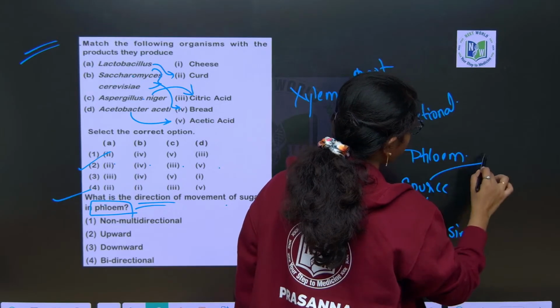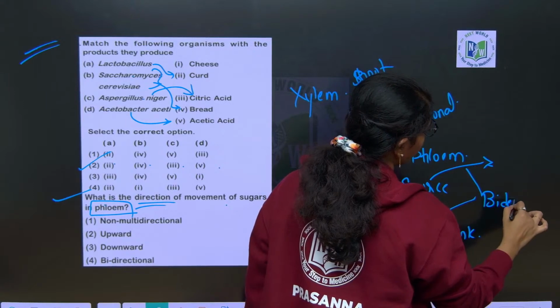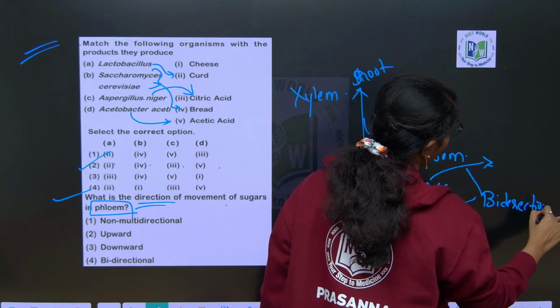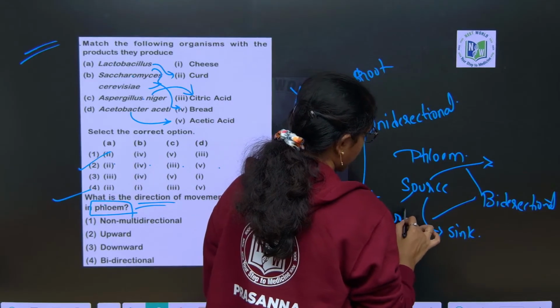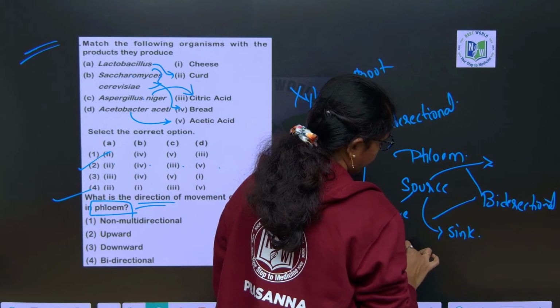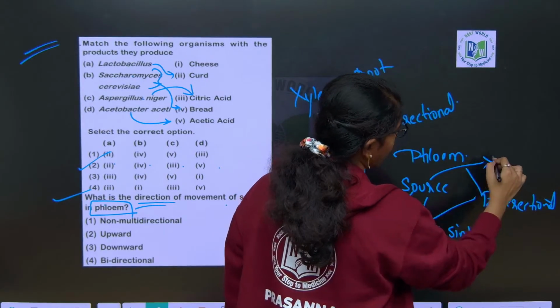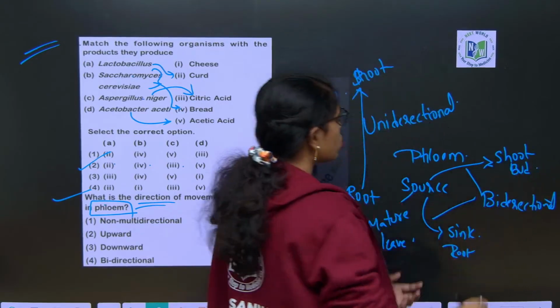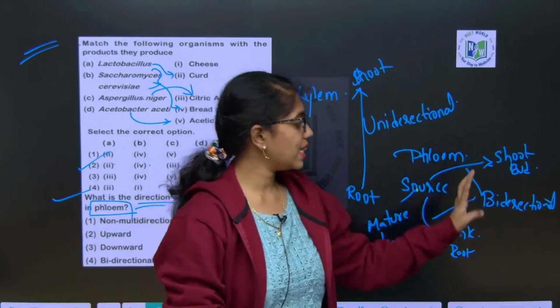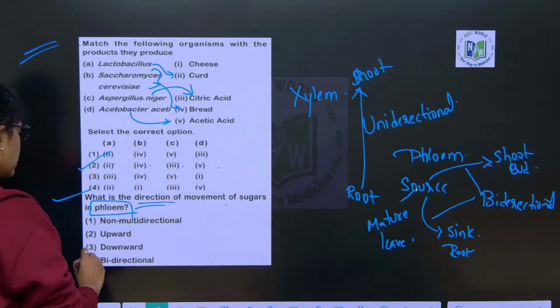This is a bidirectional movement. Source can be a mature leaf. Sink can be anything like a root or a young shoot bud. So it is from source to sink, and it takes place in a bidirectional way. So here the answer is 4.